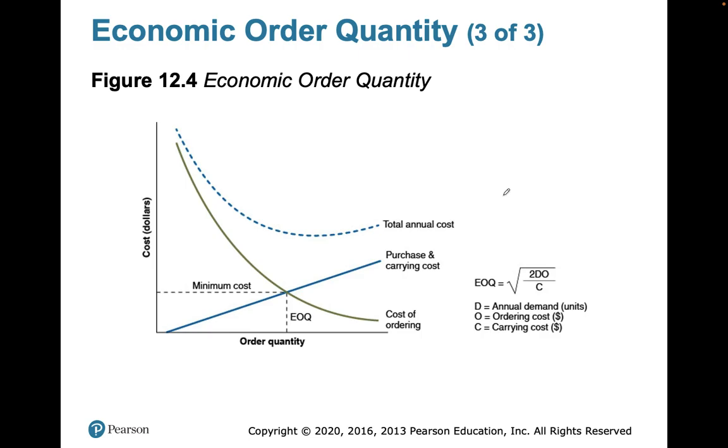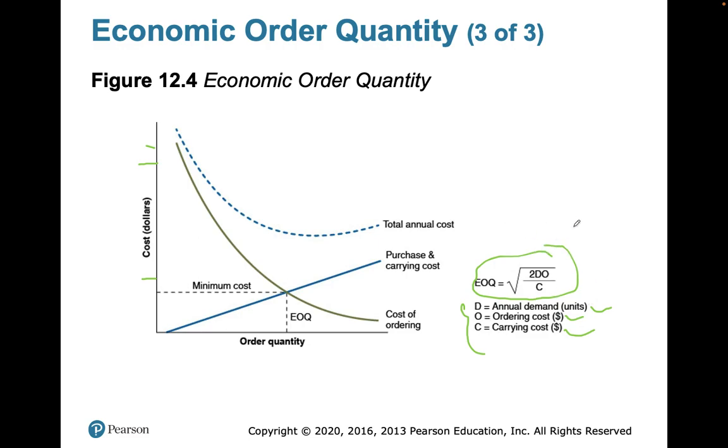So moving on, this is for economic order quantity. This is the formula, and this is the meaning. D represents annual demand in units, and the ordering cost and the carrying cost should be in monetary form, in dollars. If the costs in dollars are given, all you need to do is key in your data based on the information given.